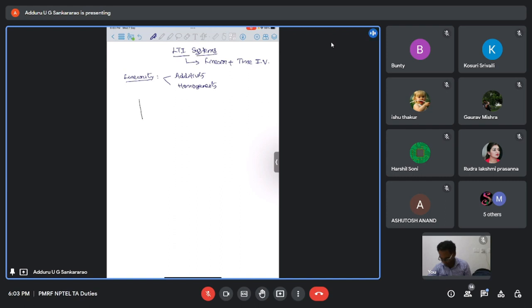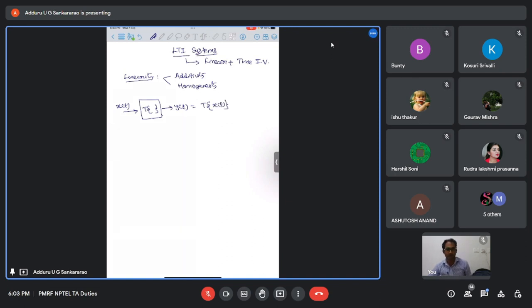Let us say we have some system, and if we give some input x of t, the system does some operation on the input signal and we get an output. The output is nothing but some transformation T on the input signal, T of x of t.